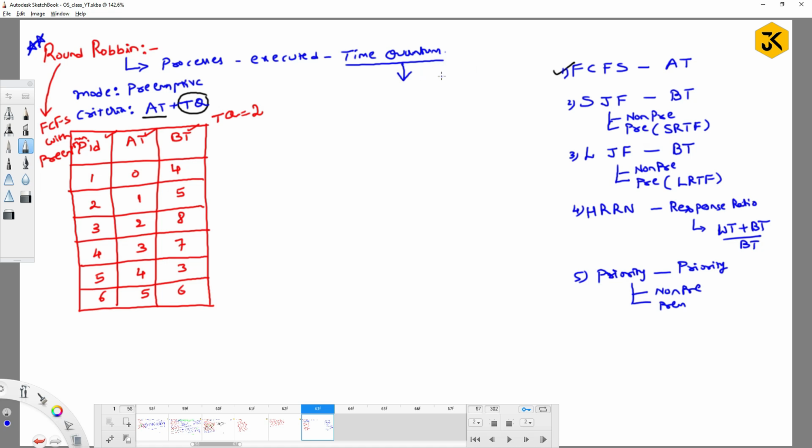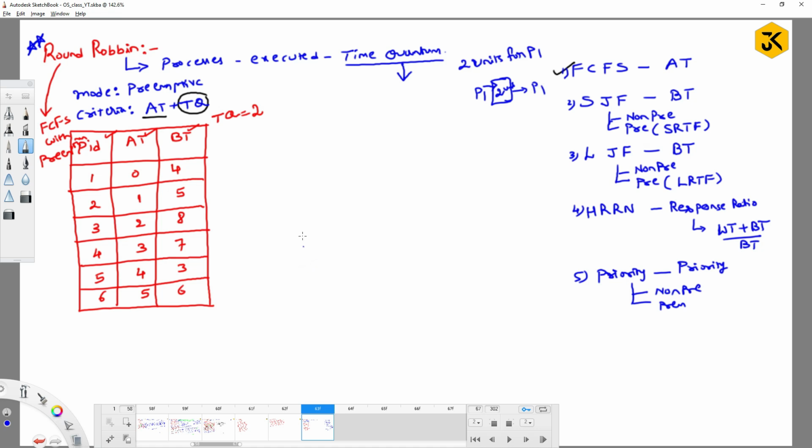For example, if time quantum is 2 units for process P1, when P1 gets a chance to enter the CPU, it has to execute for 2 units and then definitely leave it.